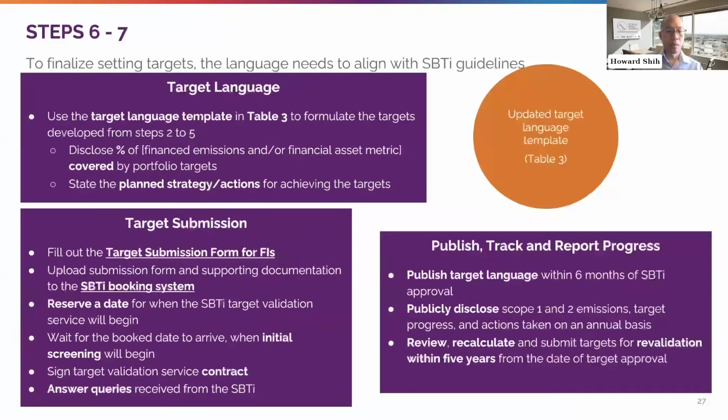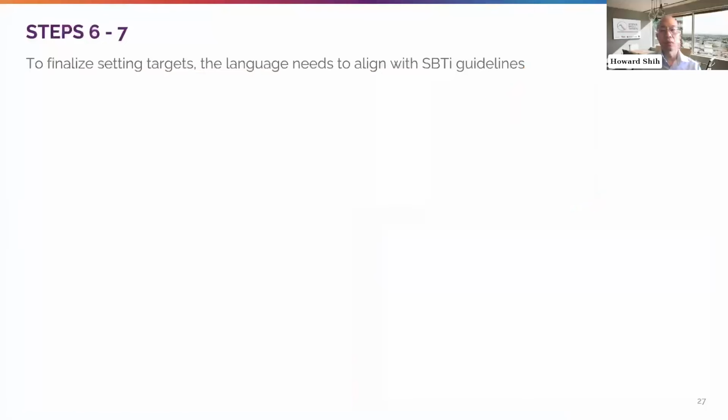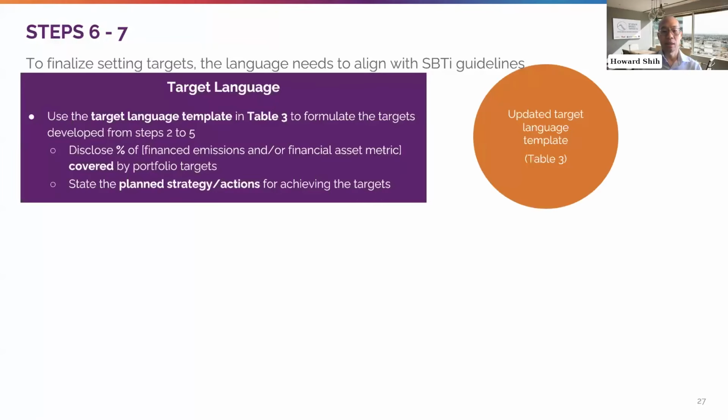So with those 4 methods, the FI will need to develop clear and quantitative public target language in step number 6, and they can use the updated target language template, which is in table 3 of the criteria document.